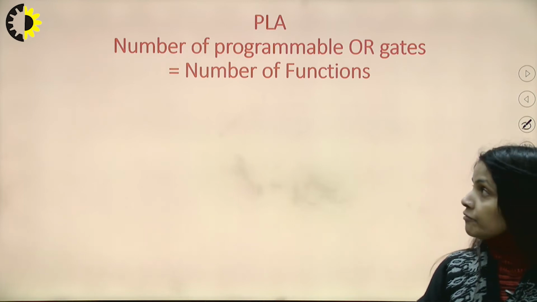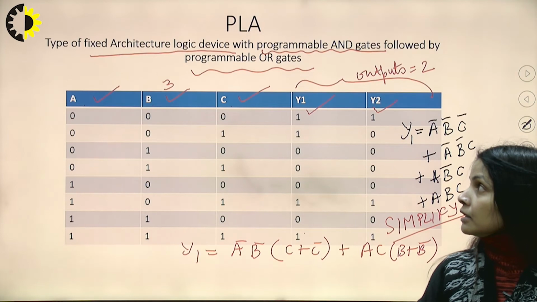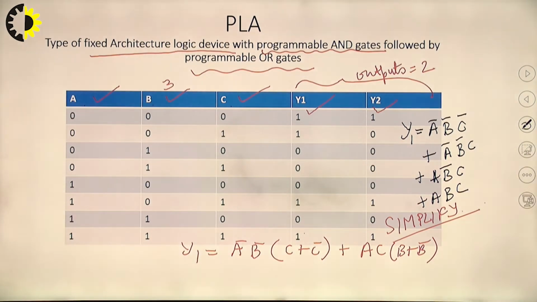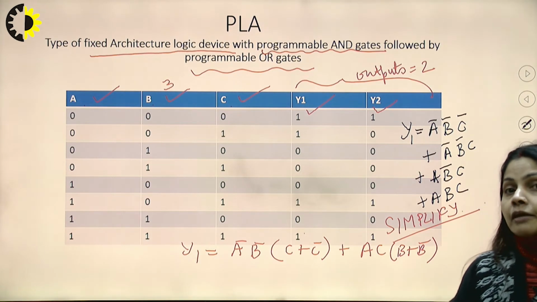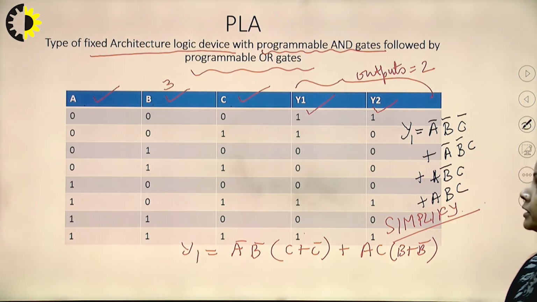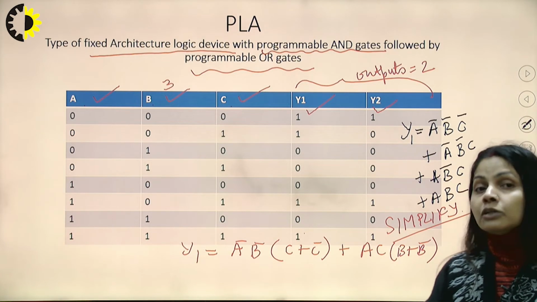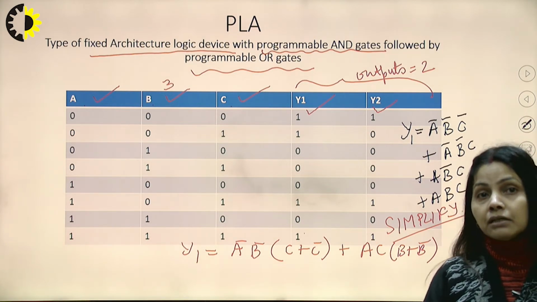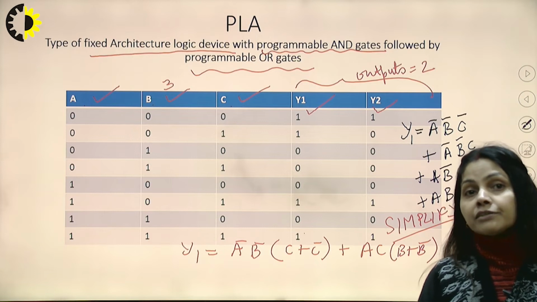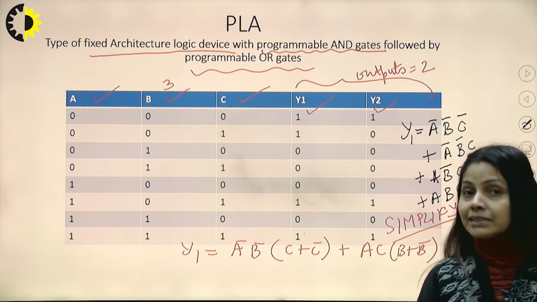If we look at the table, we are having 2 outputs, y1 and y2. That means we are writing 2 functions, y1 as a function of a, b and c, and also y2 as a function of a, b and c.